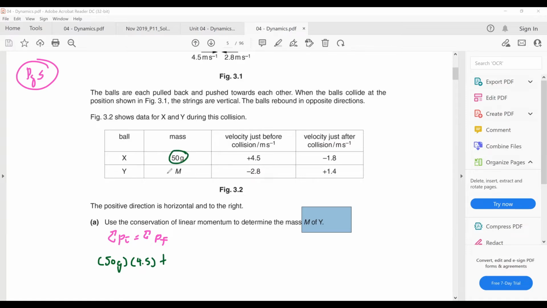The 50 grams here, this is 50 grams, right? This one is also in grams.